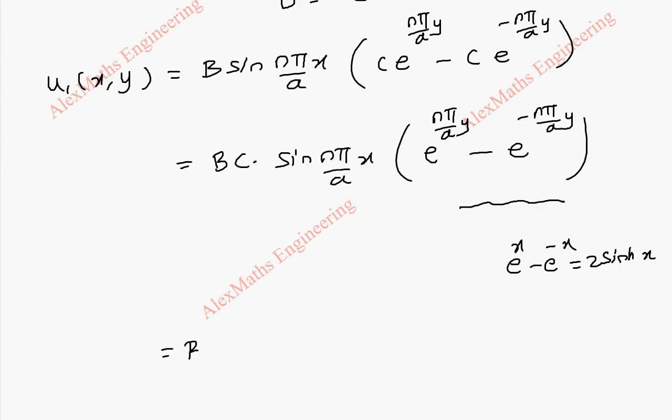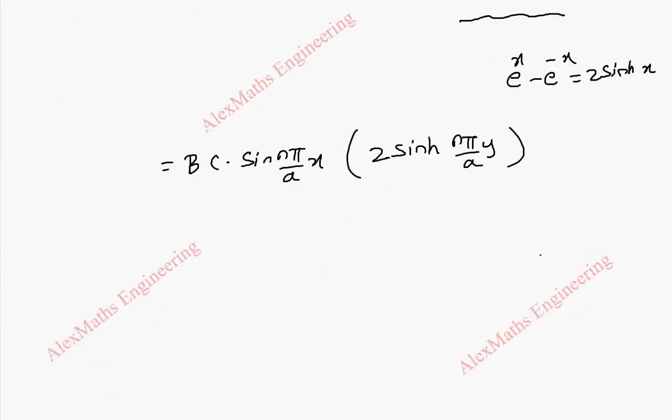So now this is b into c sin(nπ/a)x into 2 sinh(nπy/a). So this bc and 2 can be combined as a constant An into sin(nπ/a)x into sinh(nπy/a).